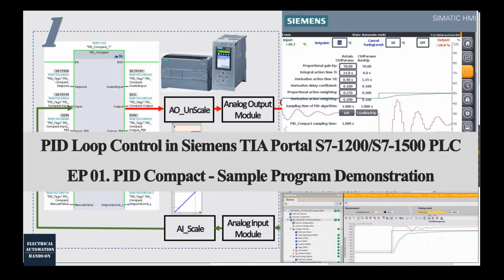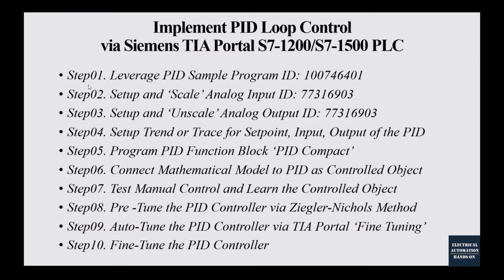So that's why I will use this sample program. But in the following videos, I will still introduce in detail how we can set up the PID controller, as well as the analog input and analog output, all the essential parts of the PID loops.